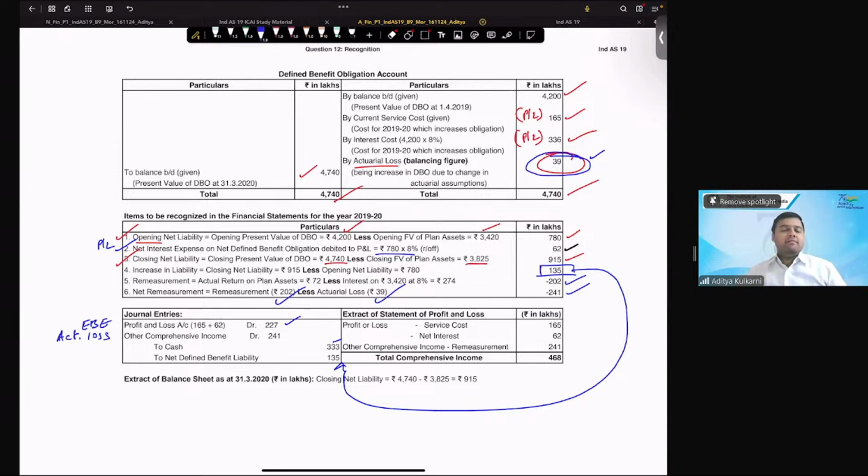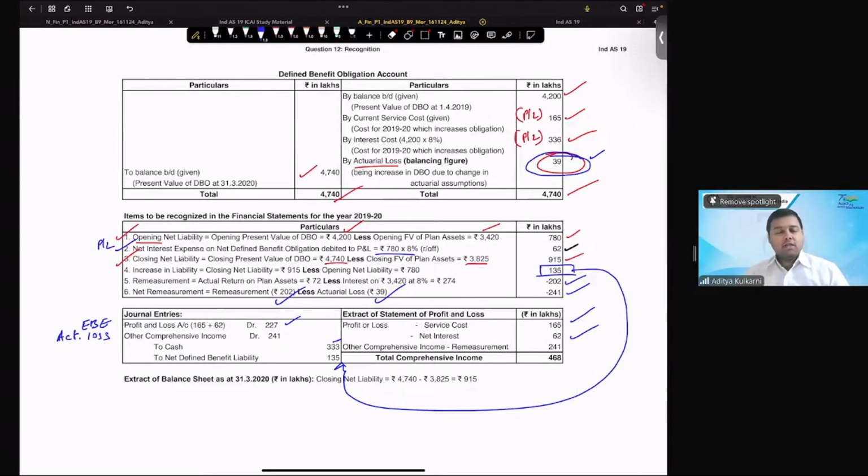If you look at the debits and credits, they are perfectly tallying with each other. Are we okay with this? Yes, sir. And if I look at the statement of profit and loss, I will have 165 hitting as service cost, 62 hitting as net interest.